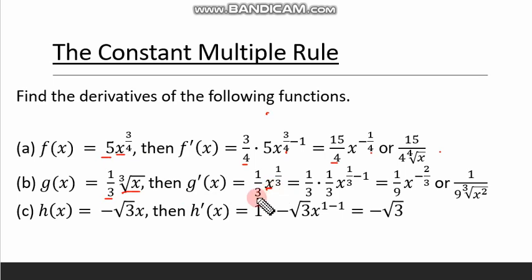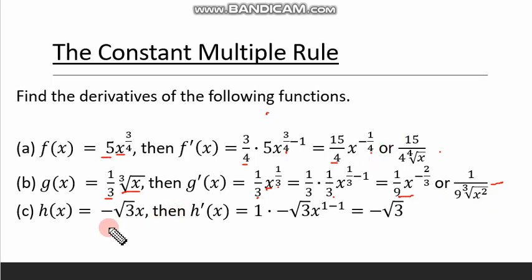And then we have a constant here, so according to the power rule, we will multiply the exponent, and then according to the constant multiple rule, we will multiply it to the constant. So 1/3 times 1/3, that's equivalent to 1 over 9. And then 1/3 minus 1, that's negative 2/3. So 1 over 9 x raised to negative 2/3, or that's equivalent to 1 over 9 times the cube root of x squared.